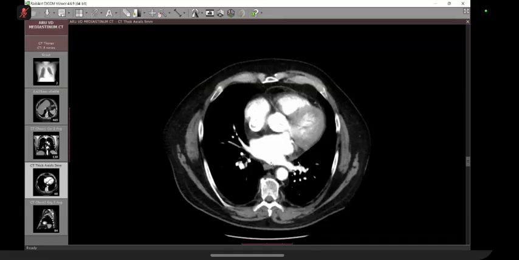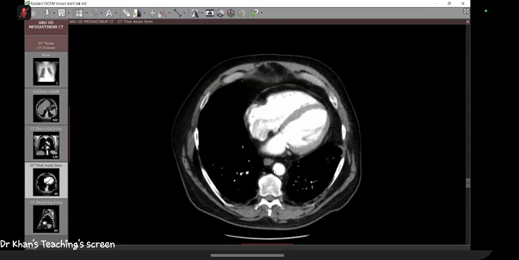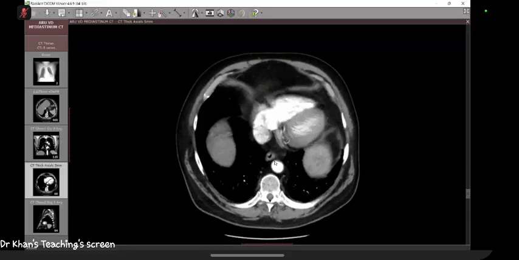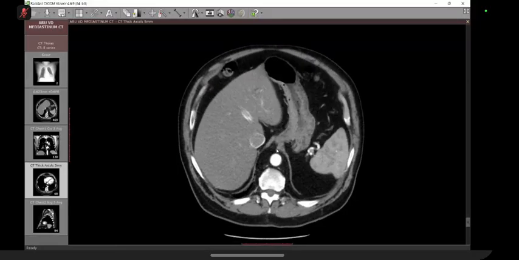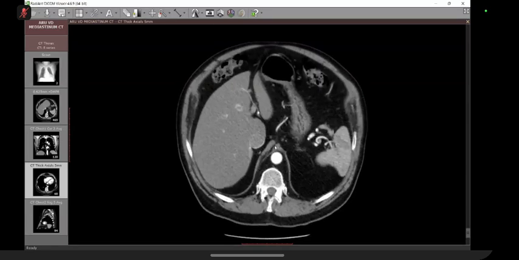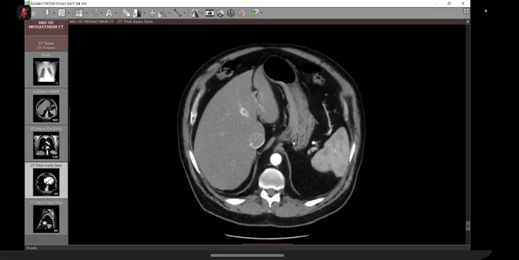So the areas of interest in esophageal carcinoma: trachea, left main bronchus, aorta, and pericardium, right? Left atrium. Now we are going down into the gastroesophageal junction. Here, this is it, and we are passing through what we call the diaphragm, and then you can see the gastroesophageal junction.